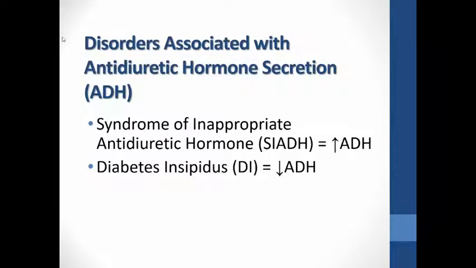So SIADH, you have too much ADH, most commonly resulting from being on a vent. DI, diabetes insipidus, you have too little ADH. It could be from a resection of a tumor, subsequently not having enough tissue to produce ADH, or the person could have head trauma that could interfere with the release of ADH.